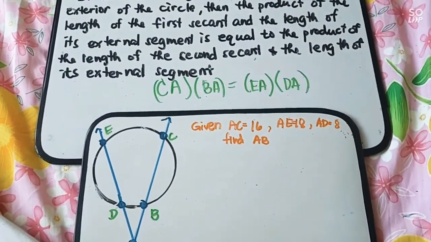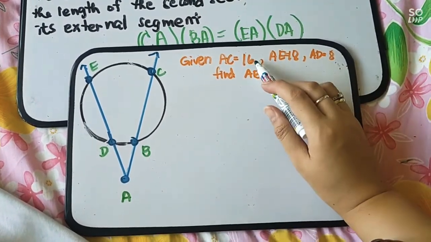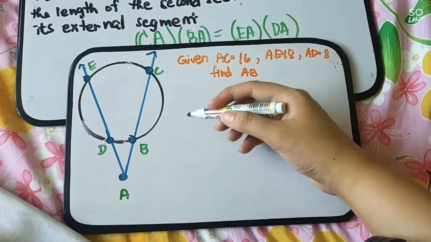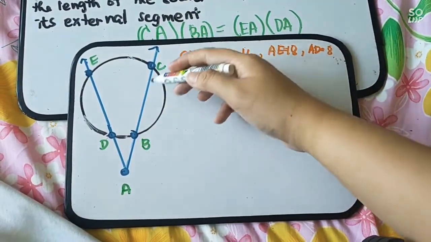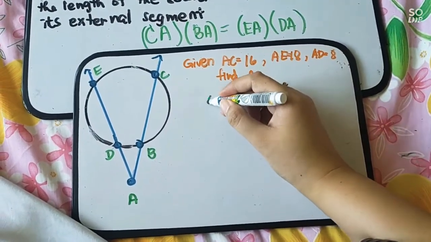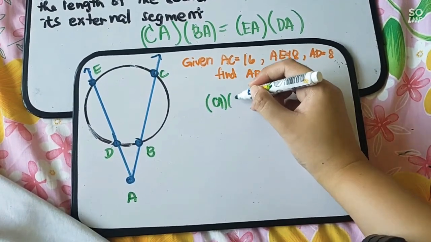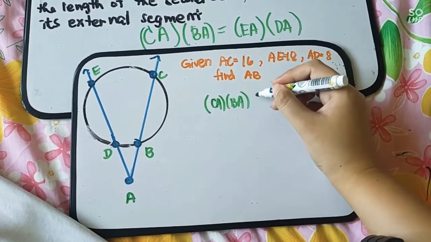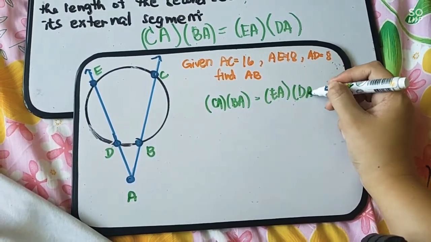Okay. Now, let us solve this one. It says, given, AC is equal to 16. AC is 16. This is the whole secant. AC is equal to 16. So, our formula is CA or AC times BA is equal to EA times DA.